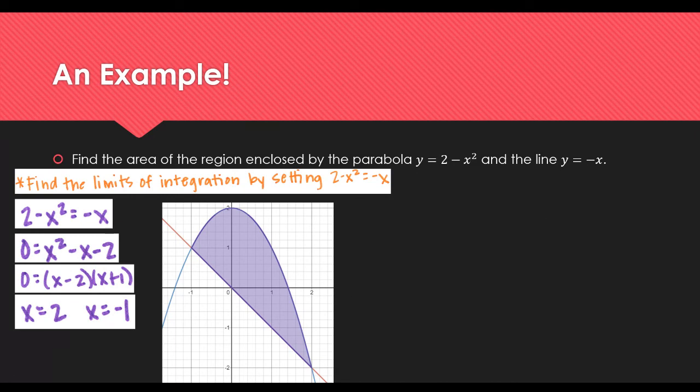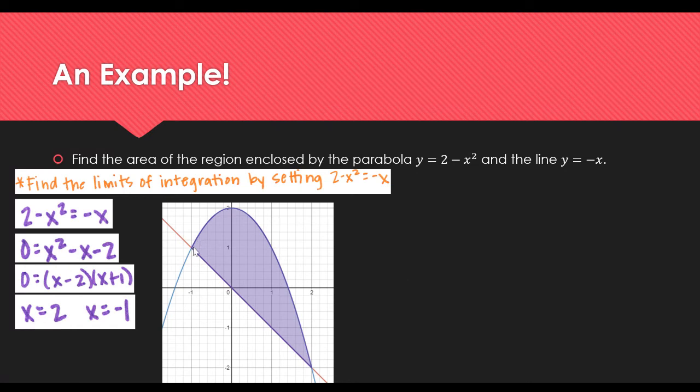The line is my -x. And then there's my x equals -1. Down here is my x equals 2. And I'm finding all of that purple area. I'm finding the area of that purple region. Your area might be a nice number, it might not. That's why we have to do the integration.